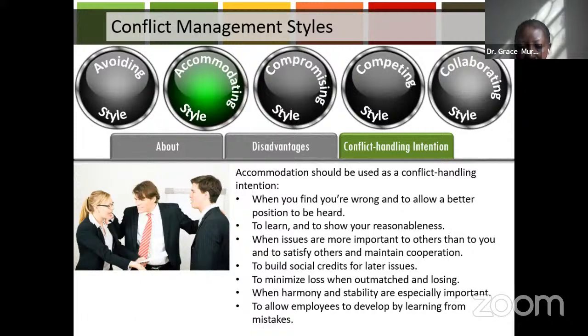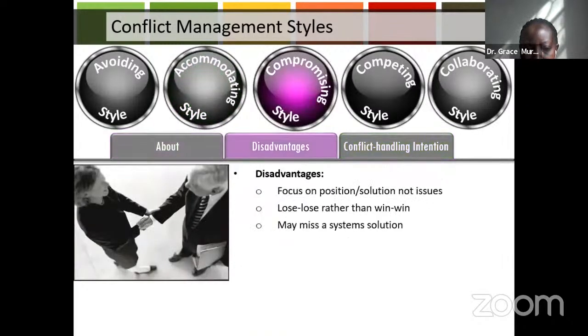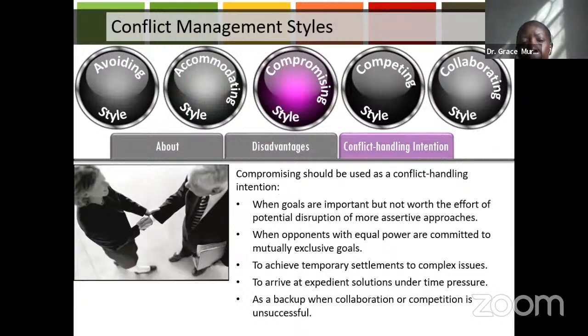You accommodate people's views, give them a chance to participate in maybe a decision making. It may not end up very well, but people then will learn from whatever mistakes they have made.